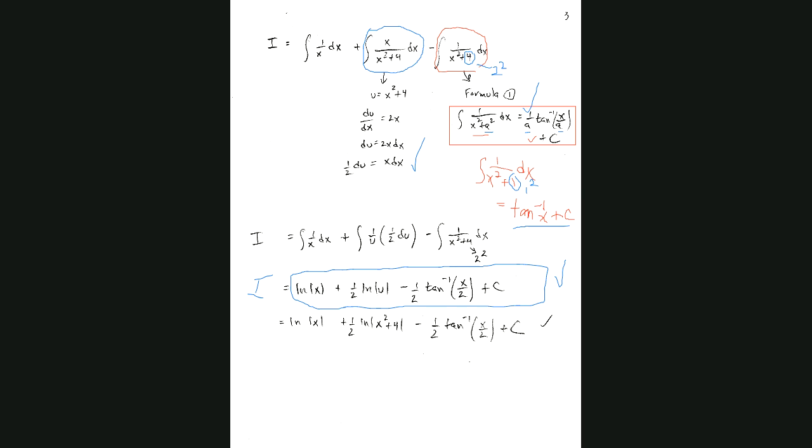The antiderivative, or the integral, of this rational function is equal to the log of the absolute value of x plus 1/2 times the log of the absolute value of u minus 1/2 times the arctangent of x over 2 plus a constant. Okay, are there any questions?